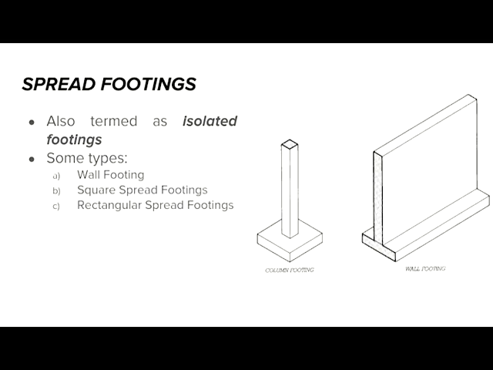Next, the rectangular spread footing, somewhat the same as the square one, except of course it is rectangular. And then the wall footing, which is somewhat long and supports structural walls.